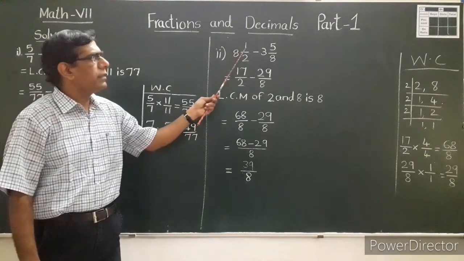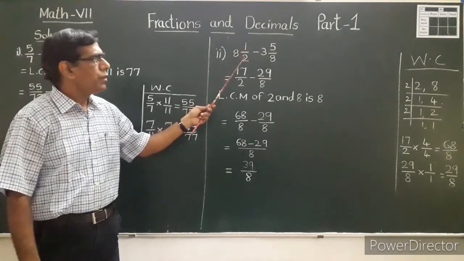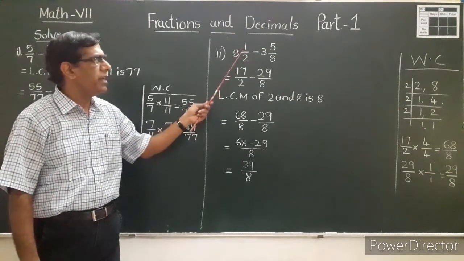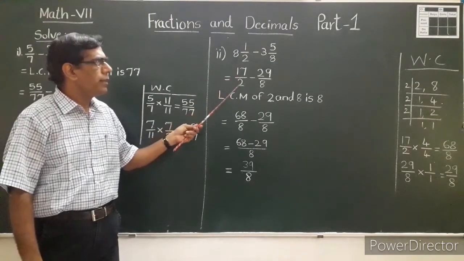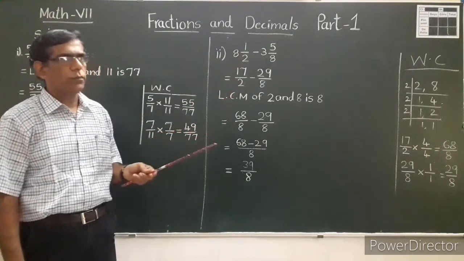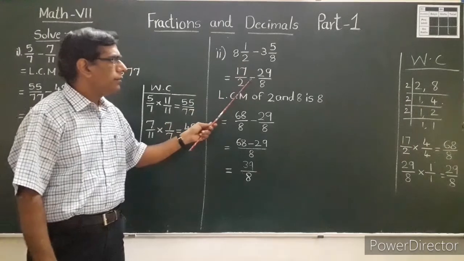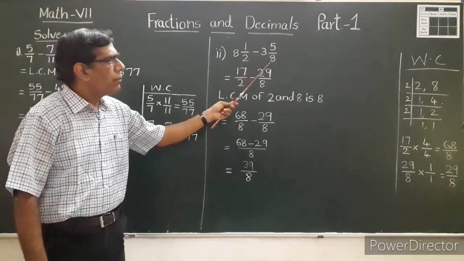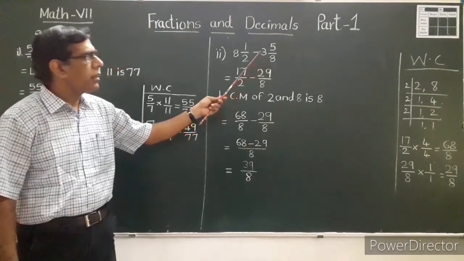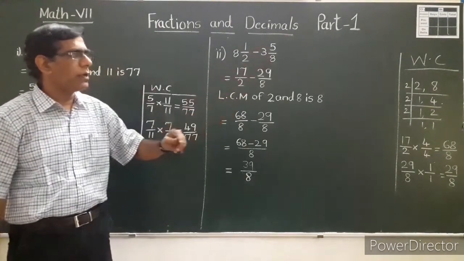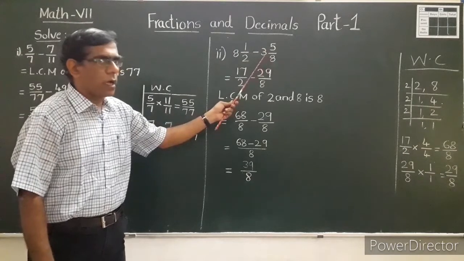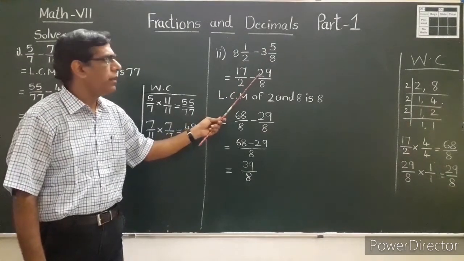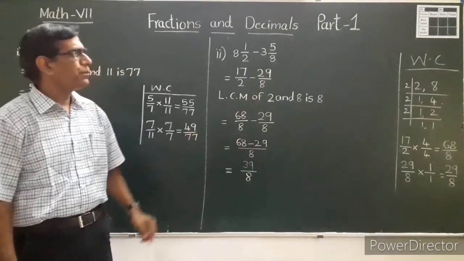The product we add to the numerator, 16 plus 1 is 17. 17 by 2 minus. Again I multiply the whole number and denominator. 8 times 3 is 24. 24 plus 5 is 29 divided by 8.